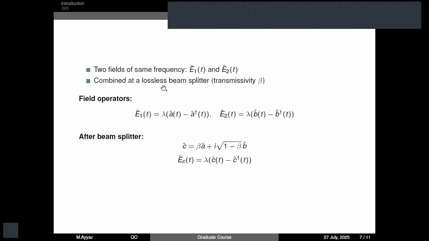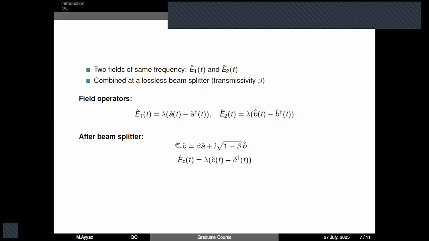Writing it in the language of quantum optics, we have two field operators representing the weak field and the local oscillator, and the beam splitter has some transmissivity. The field operators can be written in terms of the creation and annihilation operators of the modes.